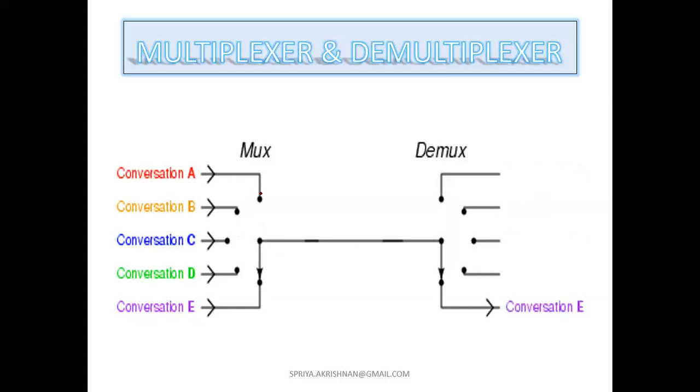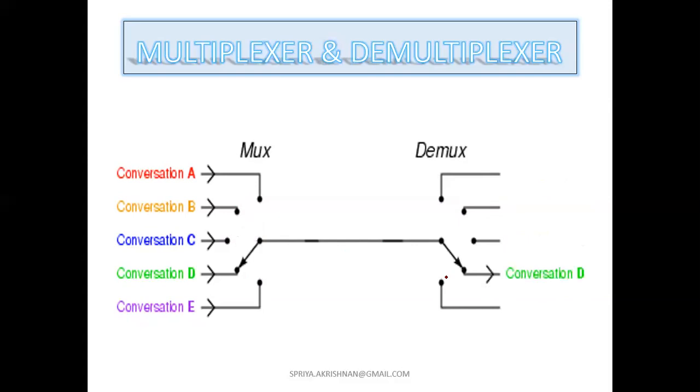How many inputs are there in this mux? 1, 2, 3, 4, 5 inputs. And how many outputs? Only one output. This is the mux. A demux is one input and 5 outputs. So a mux will always have only one output, and a demux will always have only one input.